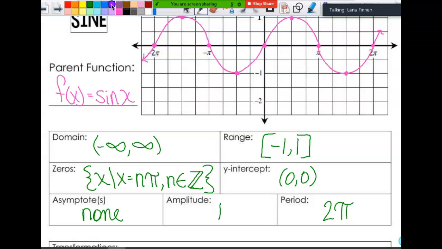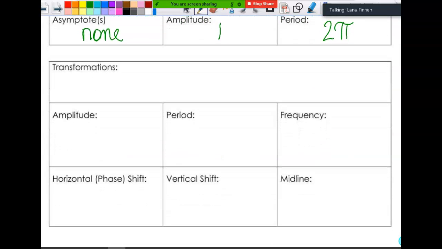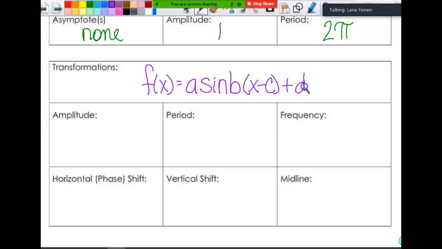All right, so then let's talk transformations. So your transformations will look like this. f of x is equal to a times the sine of b times x minus c, plus d. A, B, C, and D, same A, B, C, and D's that we've had for all of the other transformations we've done.